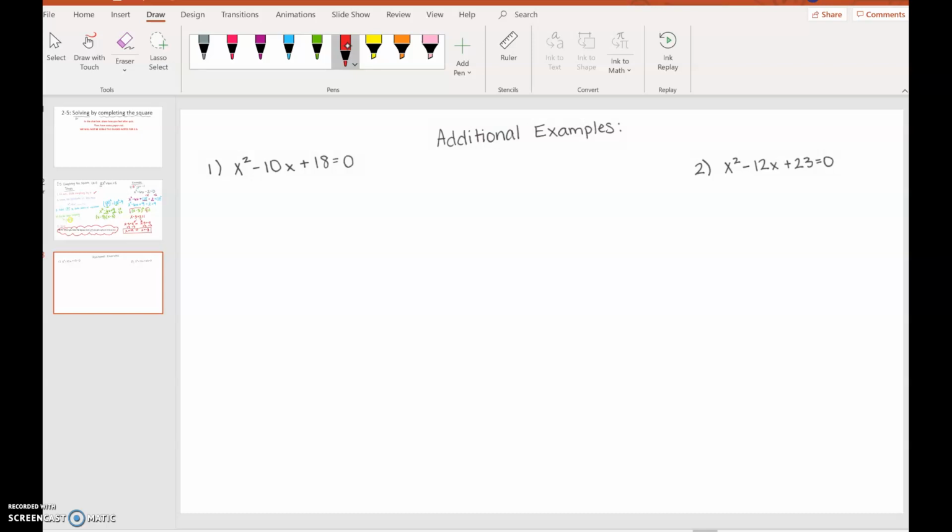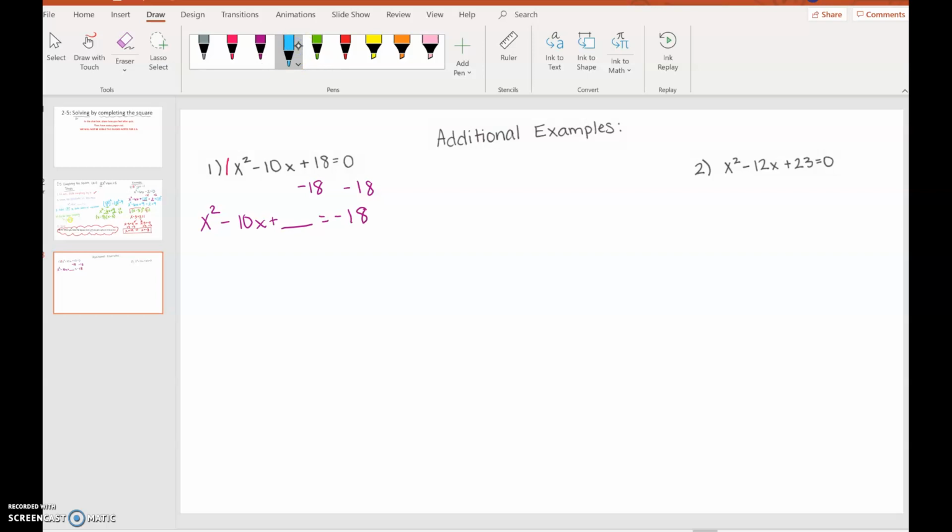Okay, so again, the first thing we look for is that the a is 1, which it is. So then we are going to rewrite it. So we're going to be subtracting 18 on both sides. So now we have x squared minus 10x plus that little space that we leave equals negative 18.